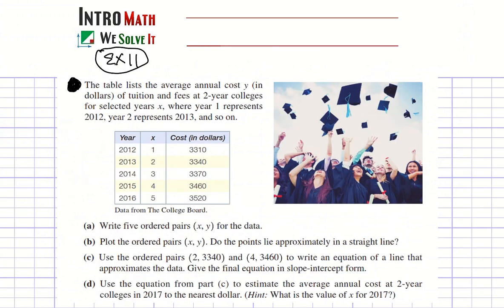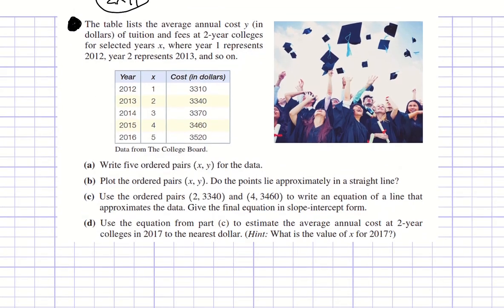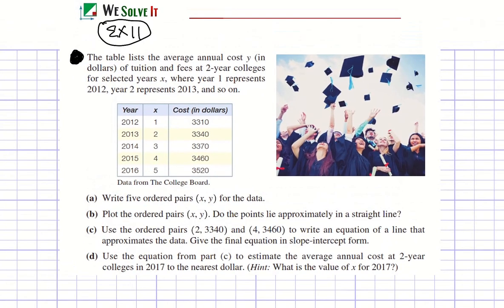All right, here is example number 11. It's about colleges again. It says the table lists the average annual cost Y in dollars of tuition and fees at two-year colleges for selected years X, where year 1 represents 2012, year 2 represents 2013, and so on. See what they're doing now.